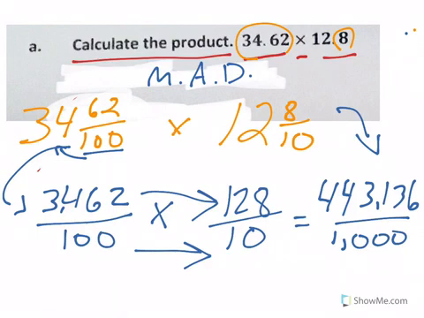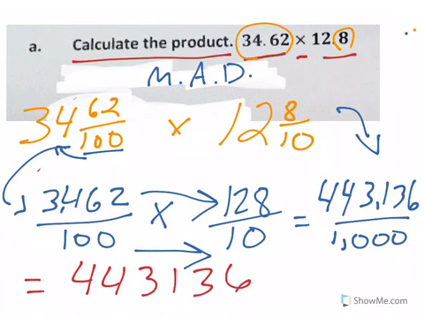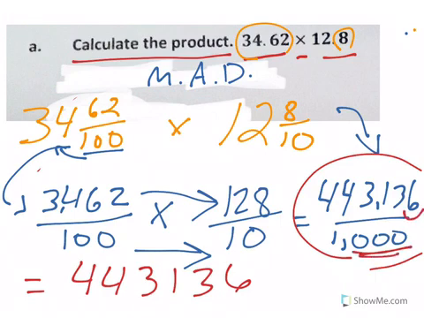Well, sort of. A couple ways we can do this. I know my answer as a decimal is going to involve these digits, 443,136. That's not my answer yet, because this is essentially dividing by 1,000, which means we're moving our decimal 3 places, for the 3 decimal moves here, 1, 2, 3.